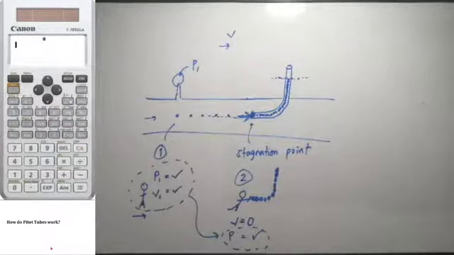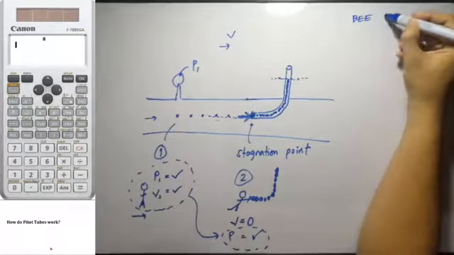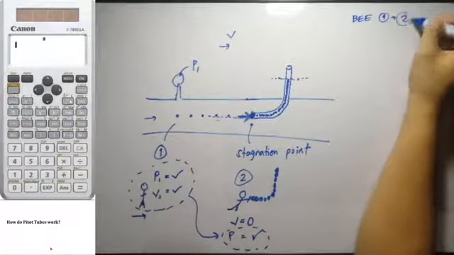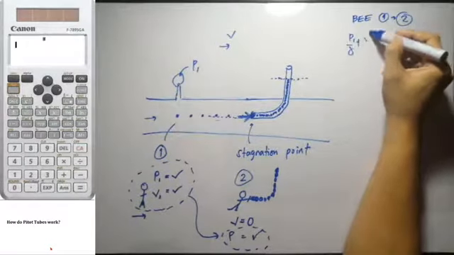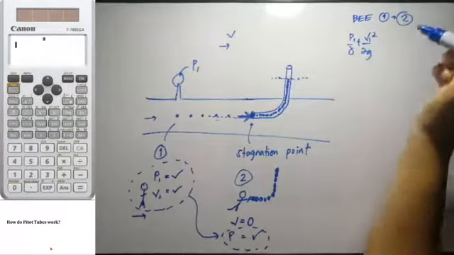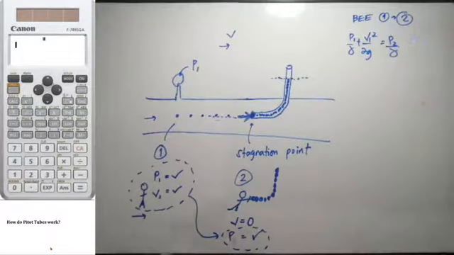Okay? Okay. So, kung gagamitin natin yan ng BEE from point 1 to point 2, pwede natin sabihin na the pressure head plus the velocity head at point 1 equals the pressure head at point 2.